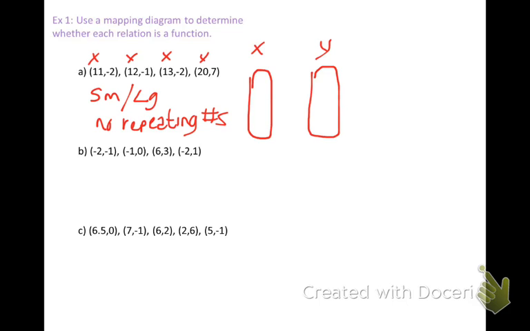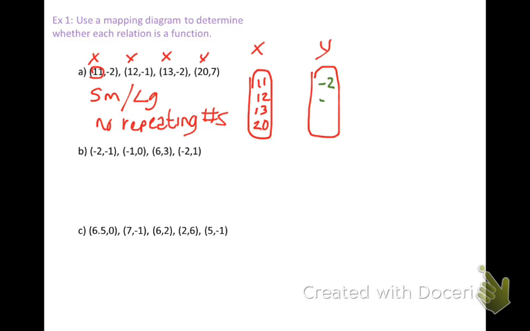That's okay. So you're going to put down 11 is your smallest x, so I'm going to put 11 there. And then I have 12, then 13, and then 20. Now we're going to do our y's. The same idea. Do not repeat numbers. So you start with your smallest number, and your smallest number is -2.